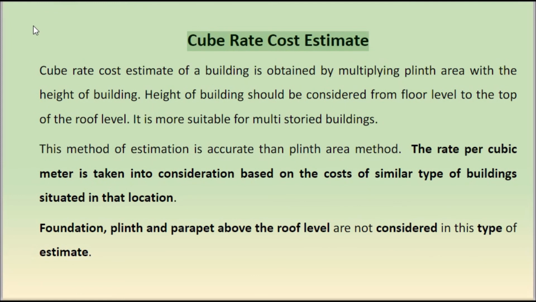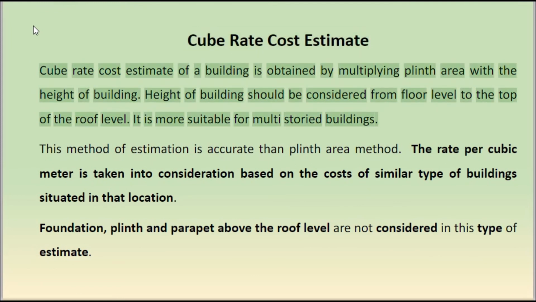Cube rate cost estimate. Cube rate cost estimate of a building is obtained by multiplying plinth area with the height of building. Height of building should be considered from floor level to the top of the roof level. It is more suitable for multi-storied buildings.